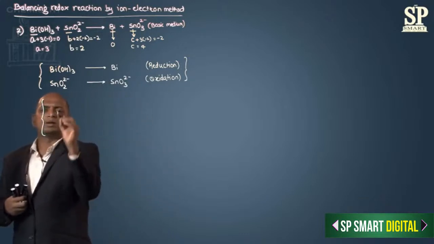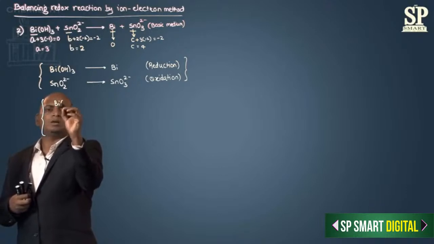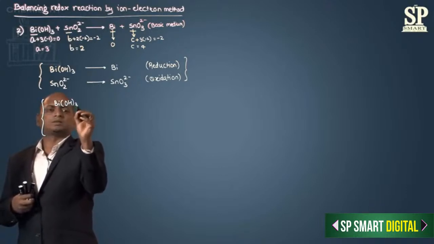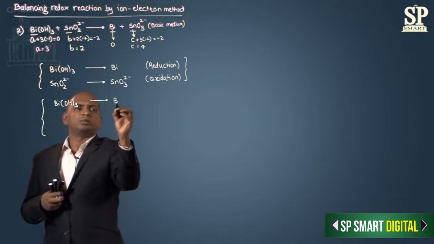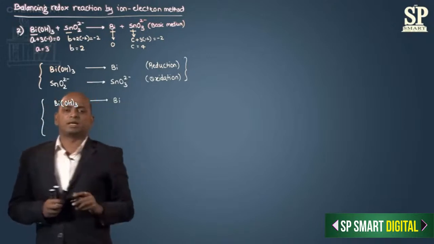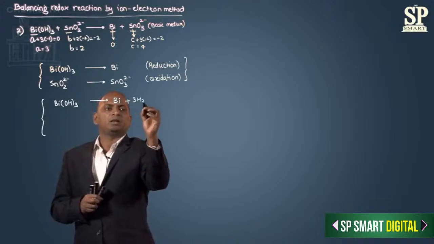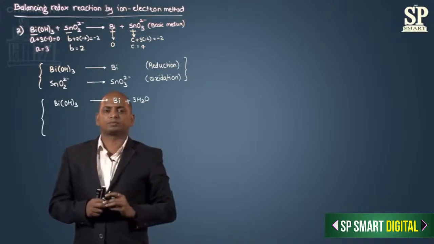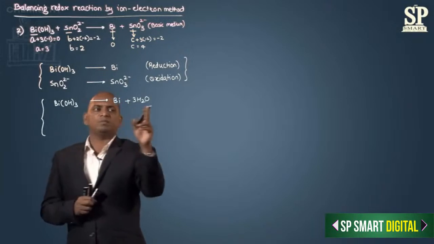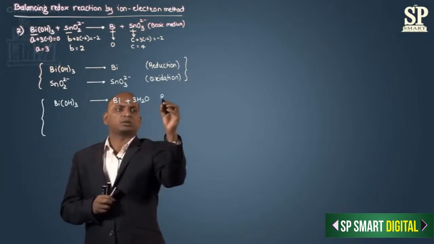So, Bi(OH)3 gives you Bi, 3 oxygen atoms over here. So, I should write here 3 H2O, 3 oxygen atoms, 3 H2O, reduction.